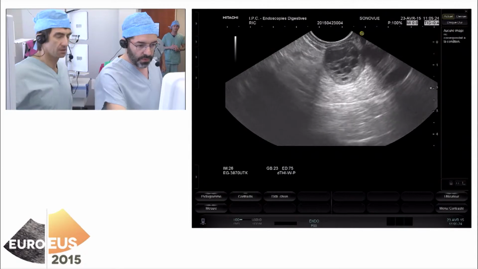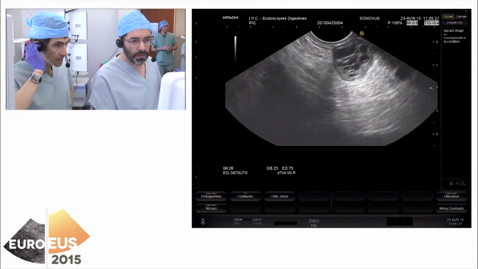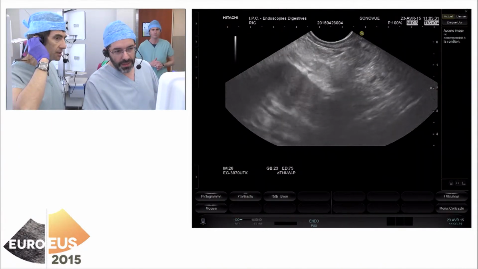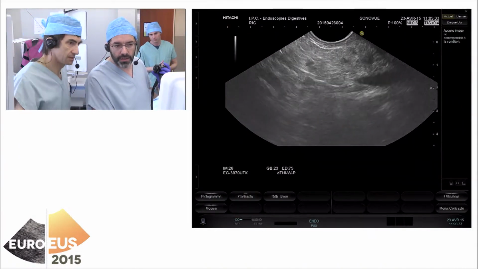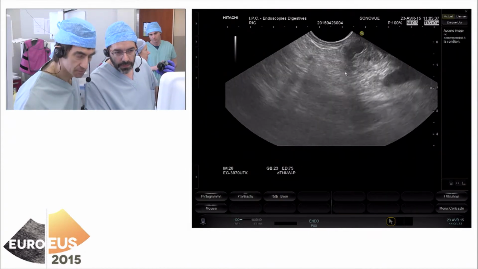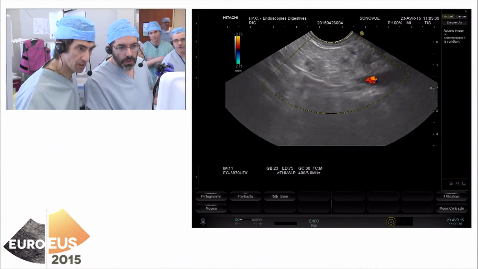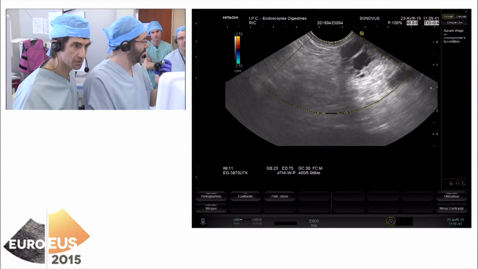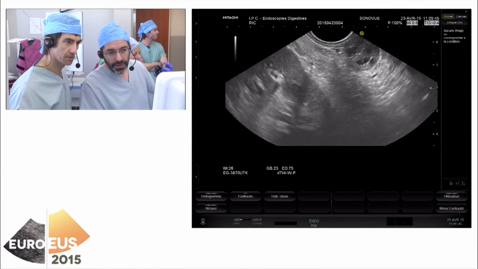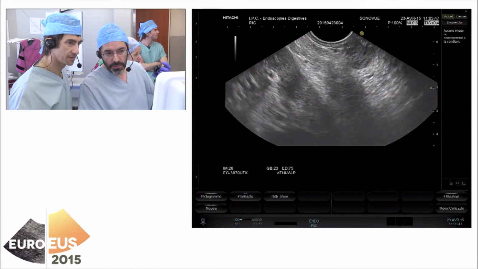Is the pancreatic duct normal proximal to the lesion, towards the tail? We are towards the tail, and we have not clearly seen a relationship. There is no clear relationship.